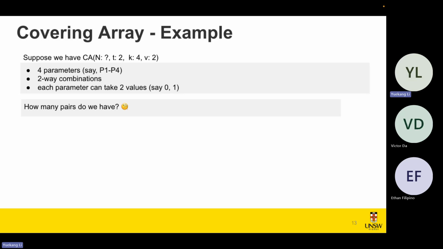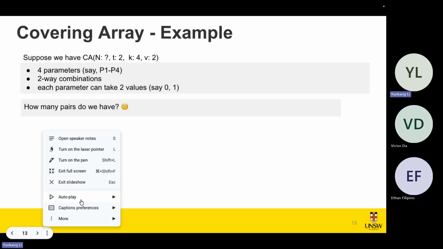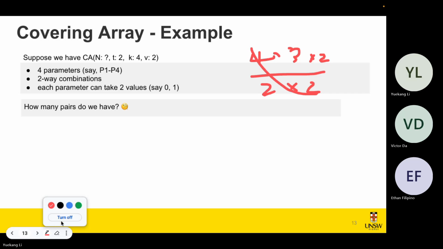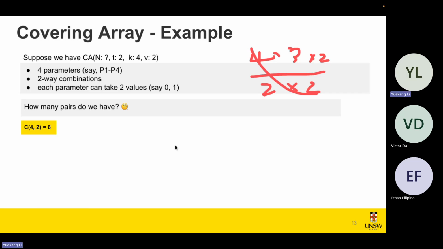It's C(4,2), which is 4 times 3 divided by 2 times 1, so the value is 6. So we have 6 pairs in total.